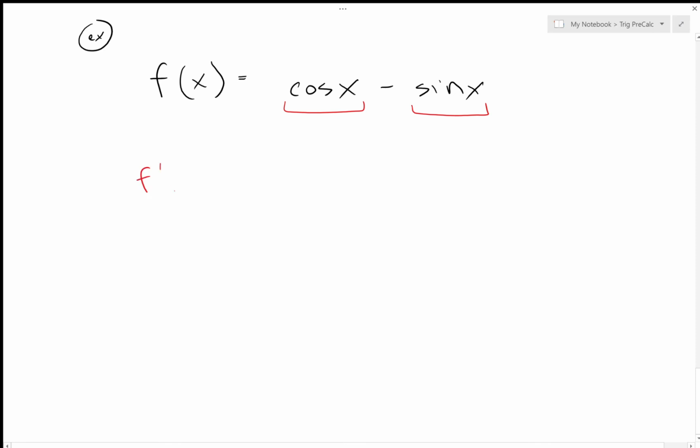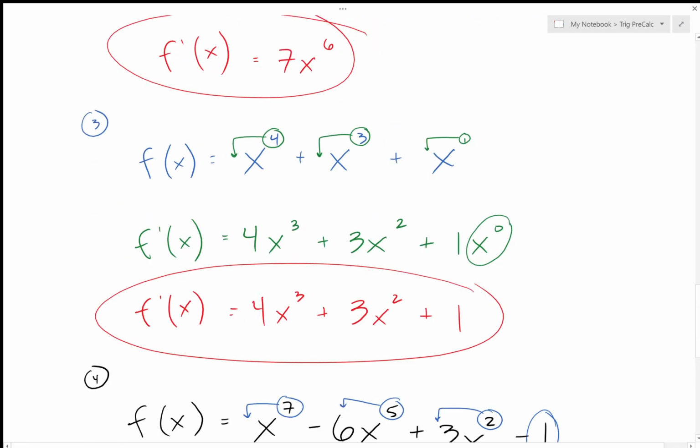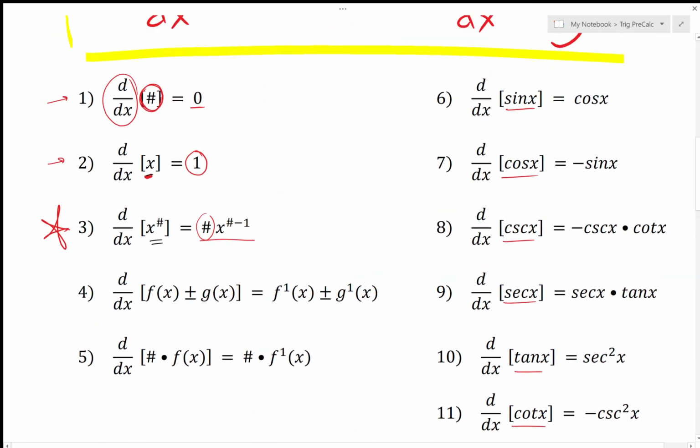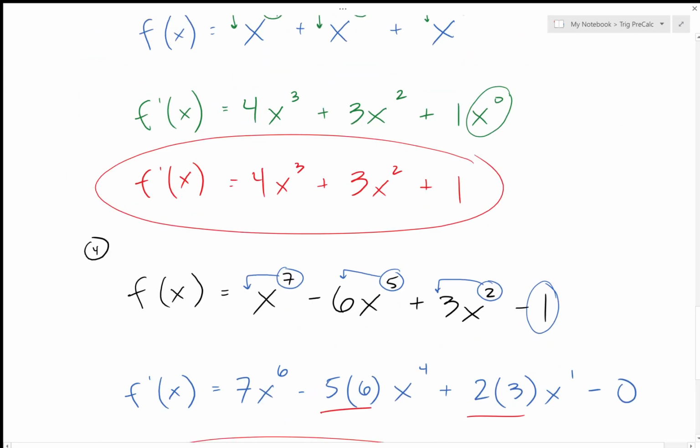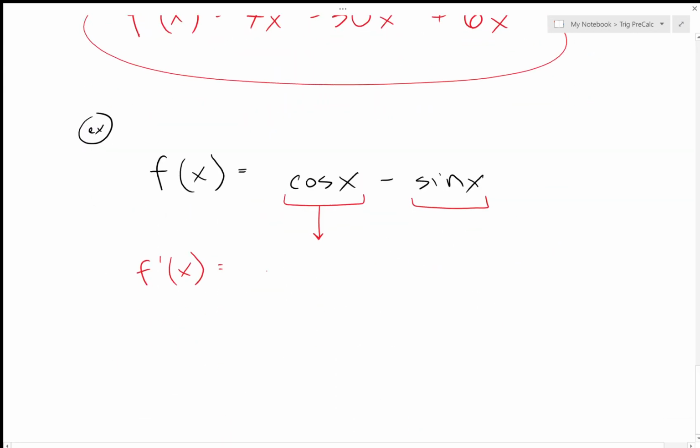All right, we're going to find f prime of x. We're going to find the derivative. So the derivative of cosine. All right, so let's find cosine. So right here, the derivative of cosine is negative sine. So let's write that. The derivative of cosine is negative sine x. Minus from the minus sign there.